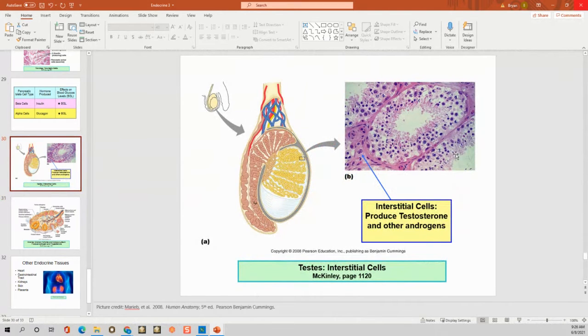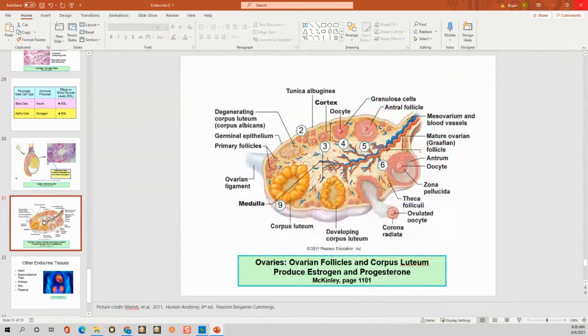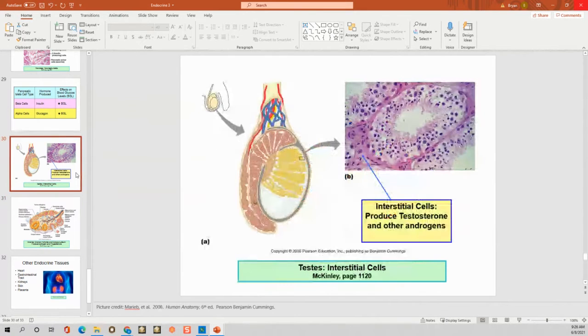Males and females actually both produce testosterone and estrogen from the adrenal cortex, but males have more testosterone because they have testes, and females have more estrogen and progesterone because they have ovaries. That's all that I really care for you guys to know at this point, okay?